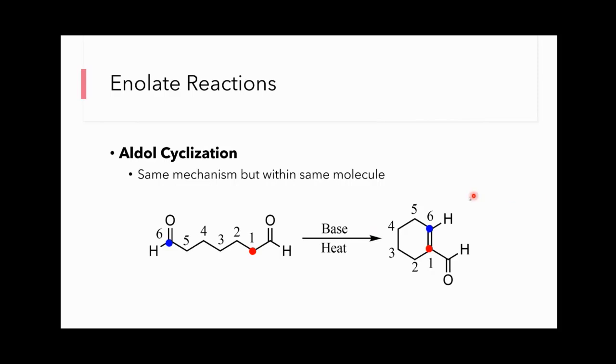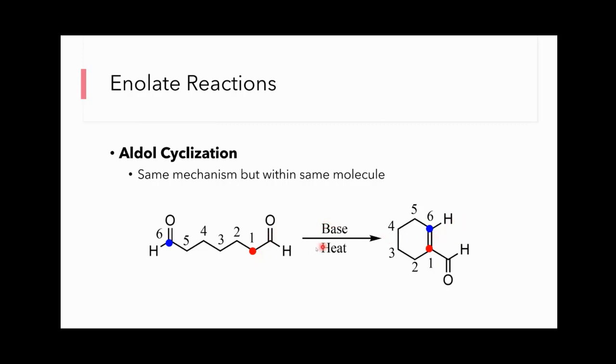Cyclization is the same mechanism, but you're reacting in the same molecule. The same molecule reacts with itself. It happens when you have two carbonyls on the same molecule. You'll know you have to do cyclization when you're only given one reactant, and they give you a base to make that ion.